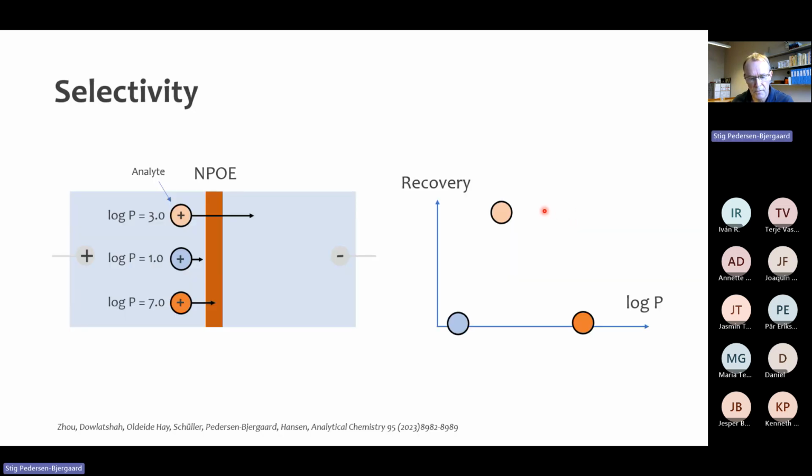Just to finish off this initial theory part, a few words about selectivity, because in EME, if we use the system I just showed you with NPOE as a liquid membrane, we extract very efficiently basic substances with log P 3. So they go very fast into the membrane, but they also go fast out of the membrane again and are extracted with high recovery in the acceptor solution.